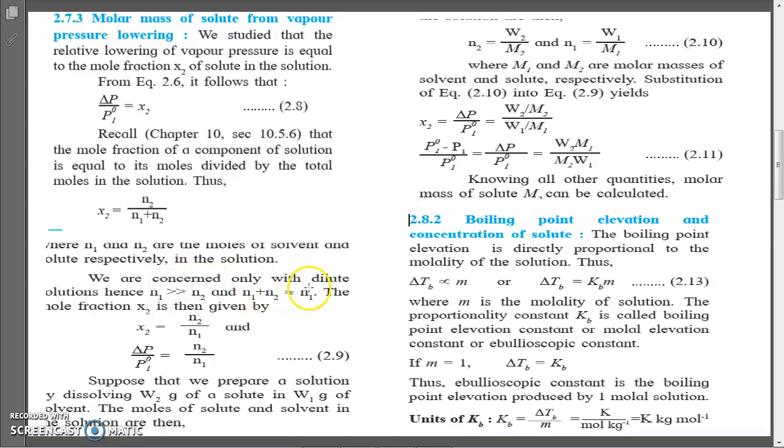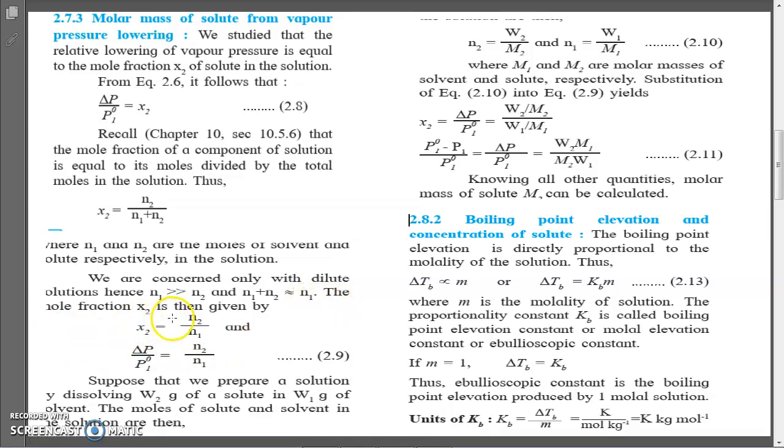We are concerned only with dilute solutions. In a dilute solution, N1 is much greater than N2, and N1 plus N2 is nearly equal to N1. The moles of the solute dissolved in the solvent are negligible.